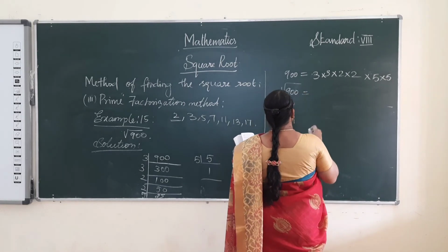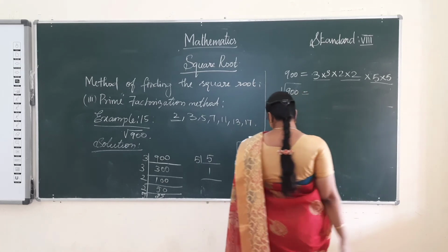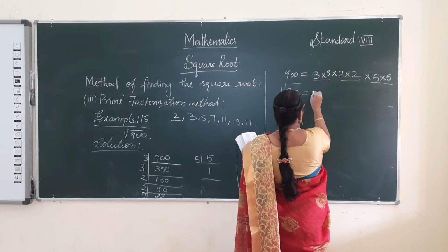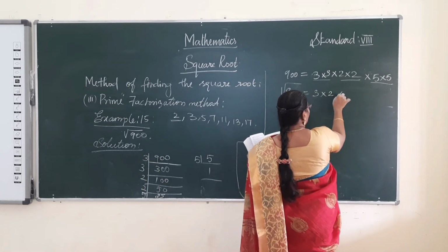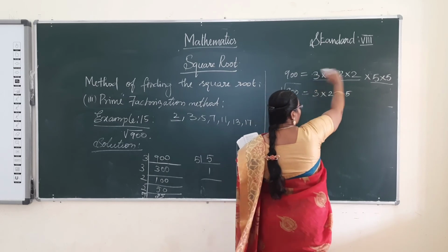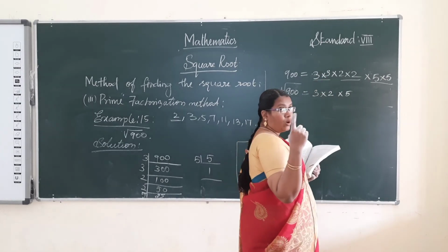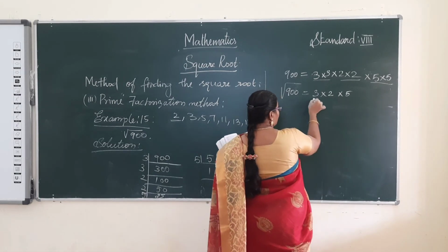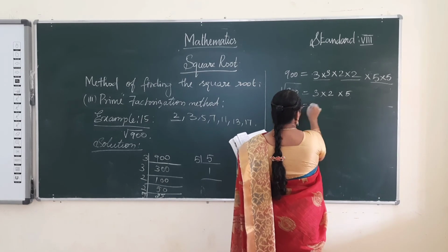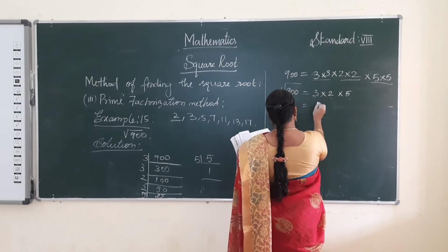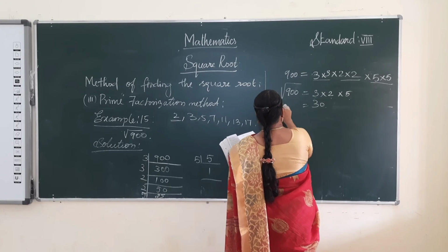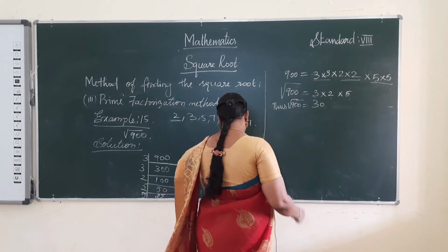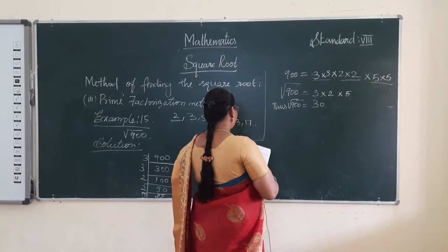Make pairs of equal factors. We take the square root, so the square and the square root cancel. We get the single values 3 into 2 into 5. So 3 twos are 6, 6 fives are 30. Thus the square root of 900 is equal to 30.